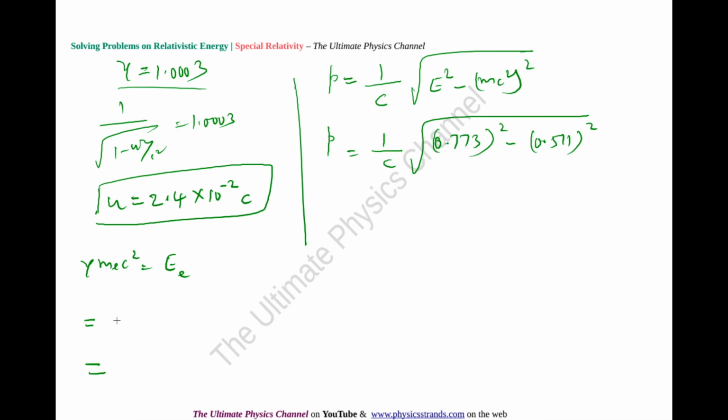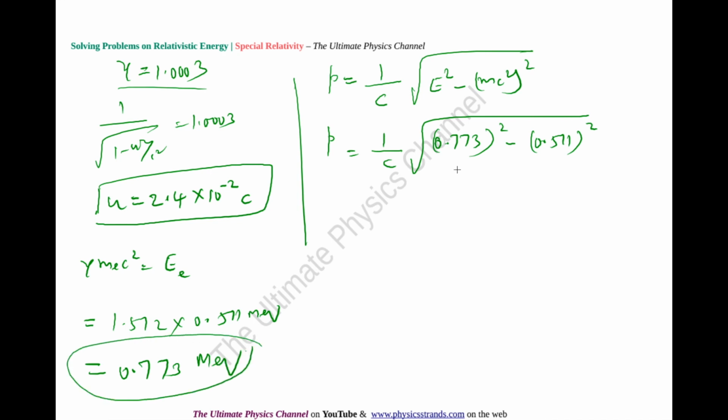We calculated gamma for the electron, that is 1.512. 1.512 times 0.511 MeV turns out to be 0.773 MeV. This value we are substituting here.